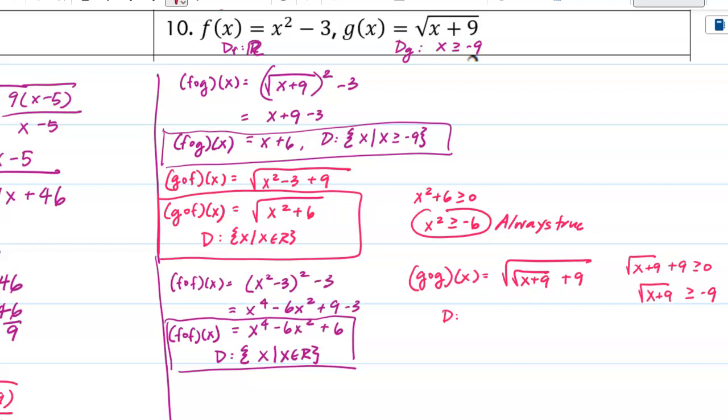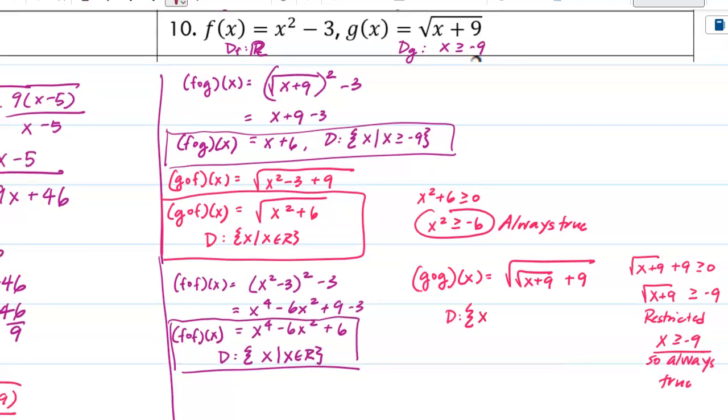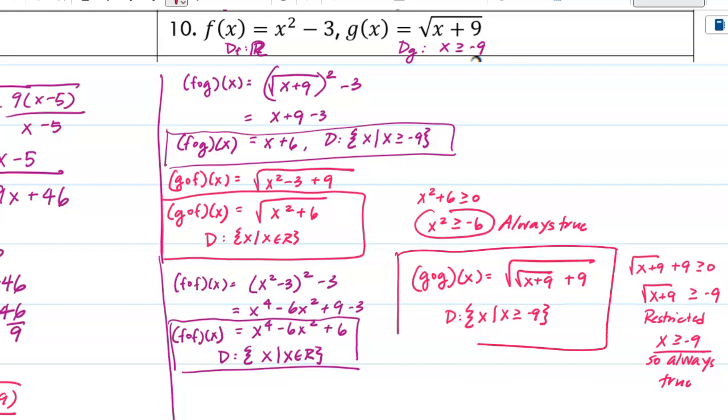And I already restricted x to be greater than or equal to negative 9, so this is always going to be true. So I can set that as my restricted domain. There you go.